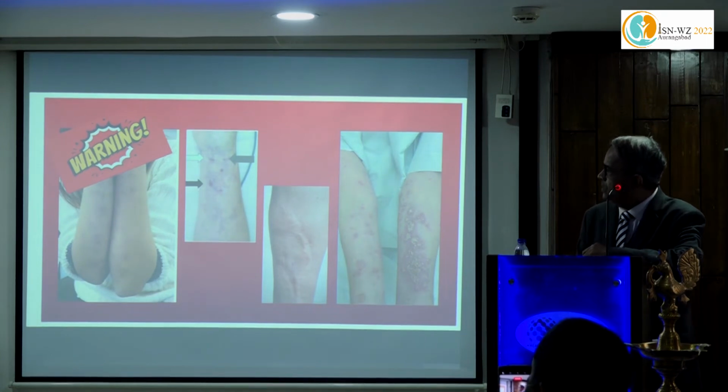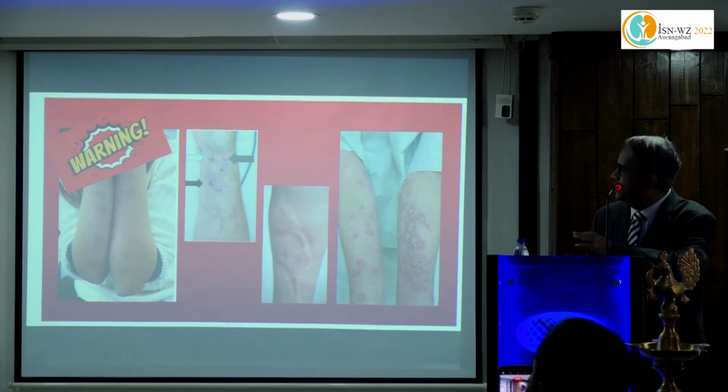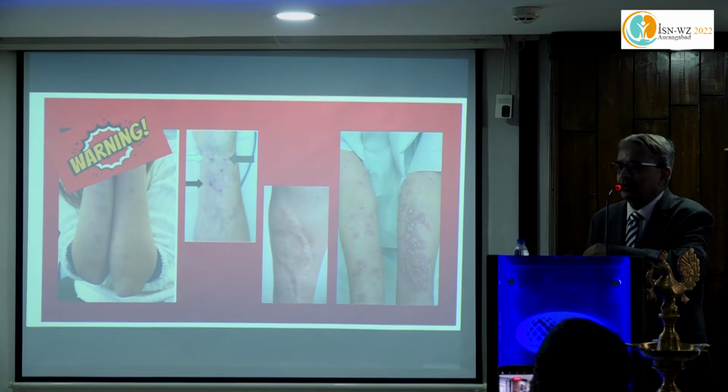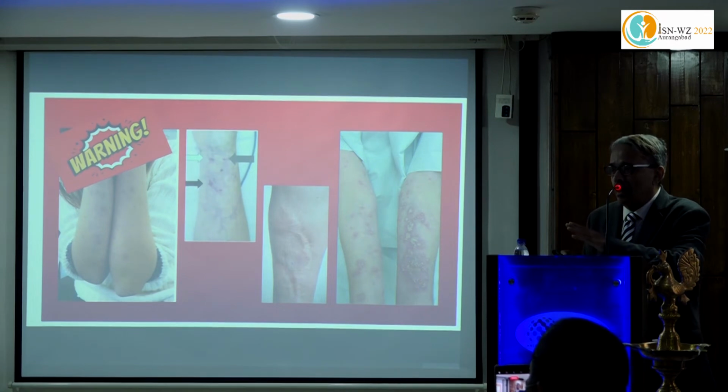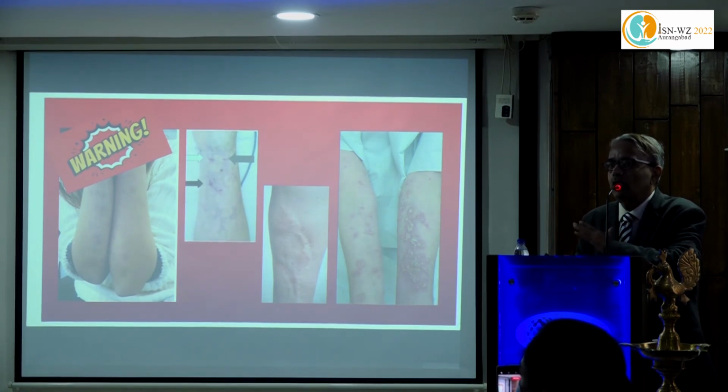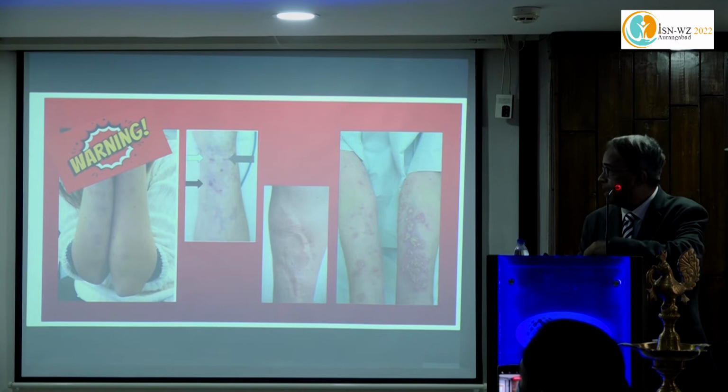Rash, Campbell de Morgan spots, telangiectasia in elderly people, multiple scars and skin diseases will create problems in taking the incision. Because the main vessels, particularly in an elbow fistula, are just below the skin, if you cut diseased skin you will have a mess after creating the fistula in such people.